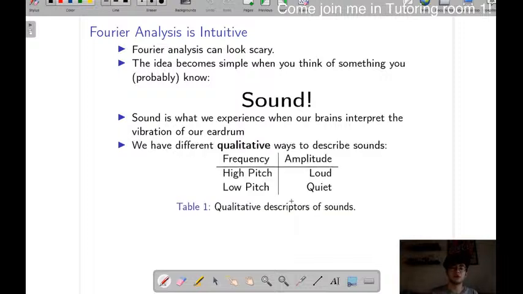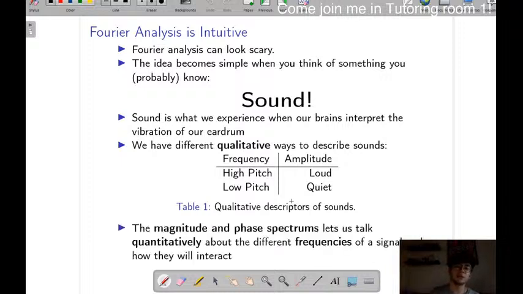When we talk with our friends, we say that something's high-pitched, like ah, and low-pitched, like oh, and we have other ways to describe it. Like it's loud and quiet, like I just was. So these are both qualitative descriptors of sound. This is Fourier analysis that happens naturally.